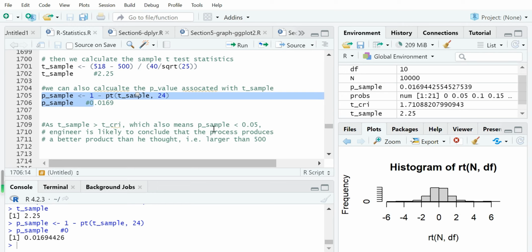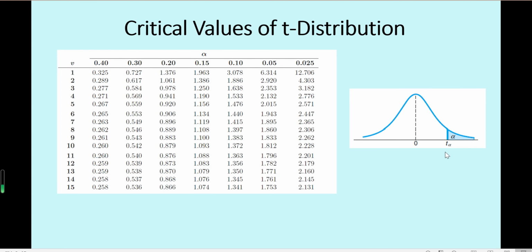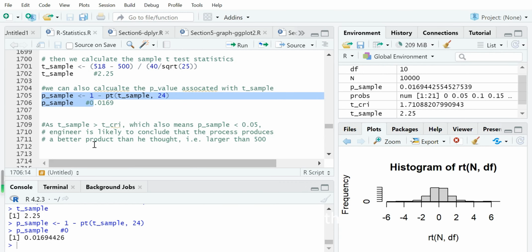So also the p-value is less than 0.05, right? We get a t-statistic larger than this critical value, and we get a p-value less than this alpha. So the conclusion is that the process produces a better product than he thought.